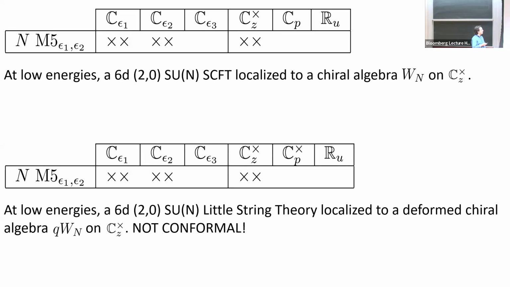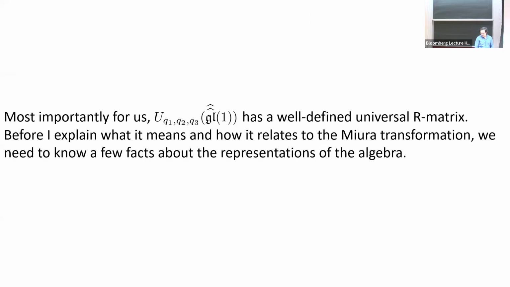Well, it's known that in M theory with a transverse circle, the theory on my M5 branes is a little string theory, the 6D (2,0) SU(N) little string. Based on a large body of work, it will localize not onto a chiral algebra, but to something not conformal, called a canonical deformation of the chiral algebra, a q-W algebra. This is just something you take for granted, but I'm pointing out that you've lost conformal symmetry on the theory on the M5 branes.